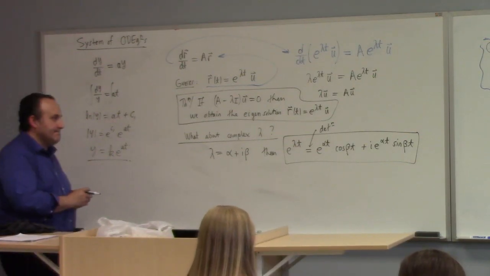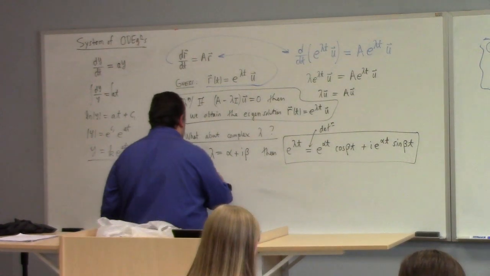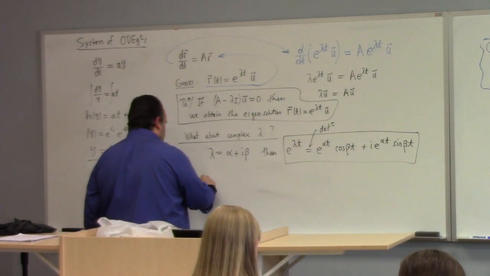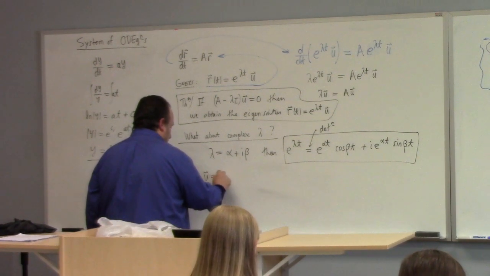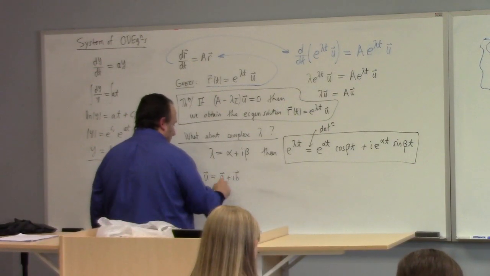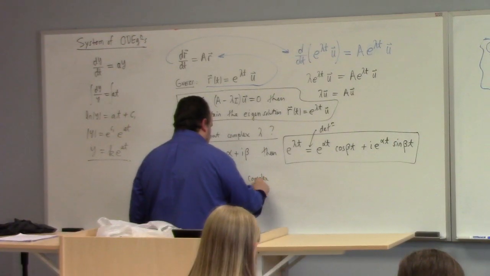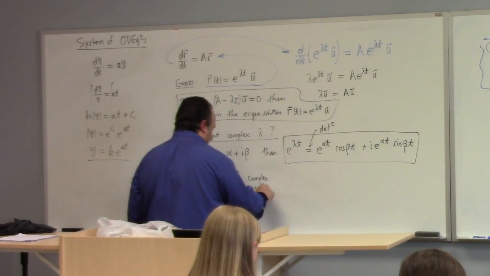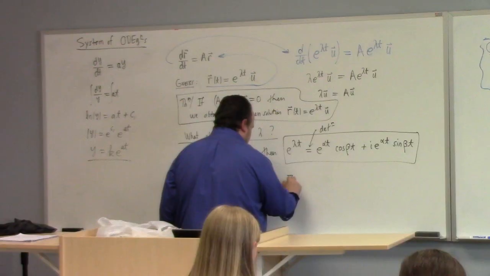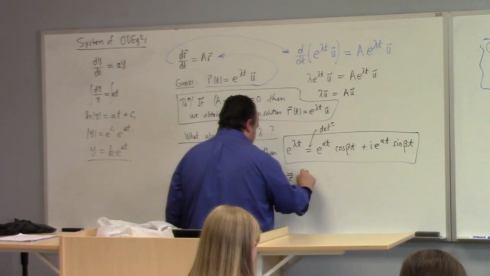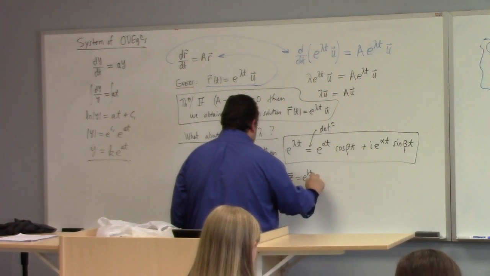And so if we have u equal to a plus i b, so this is a complex eigenvector, then let me use a z vector equals e to the lambda t times u.